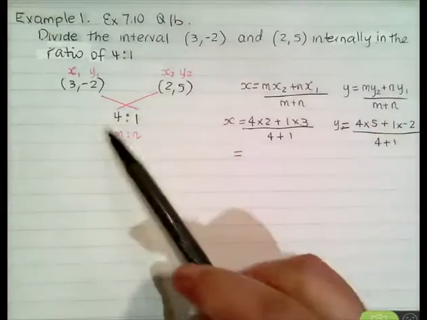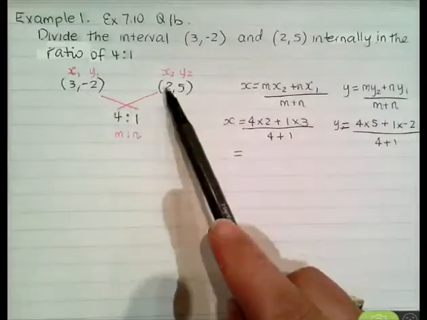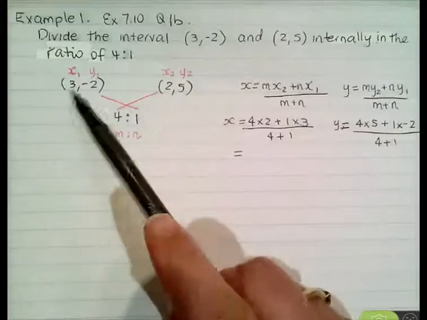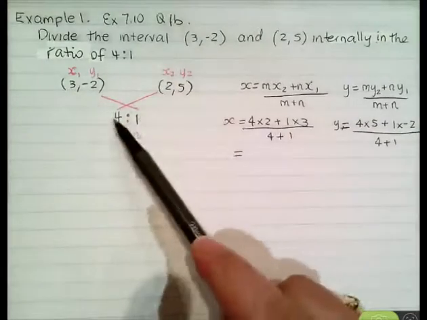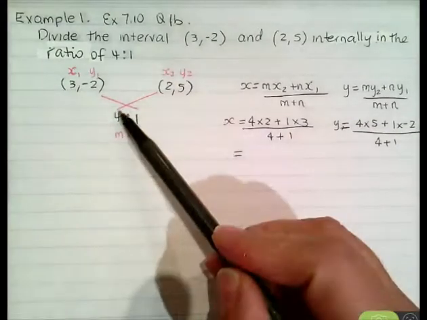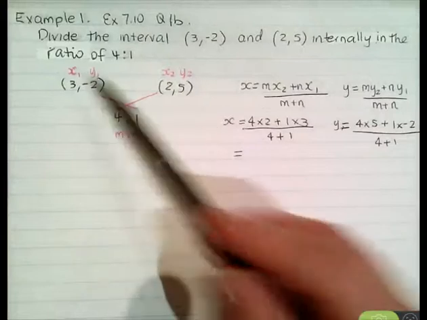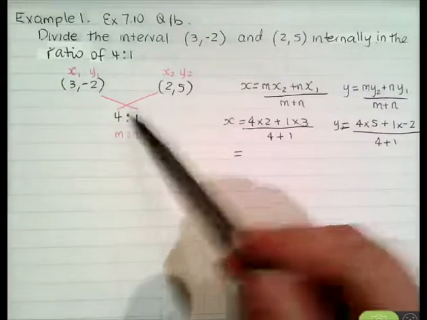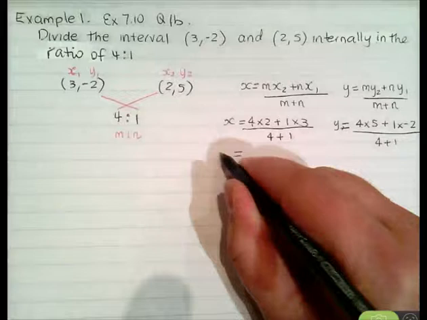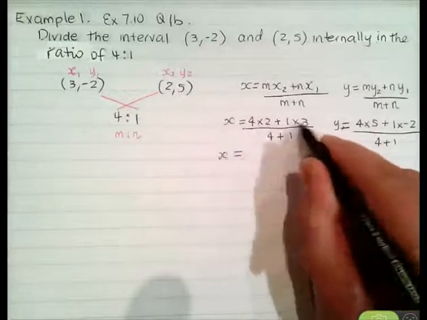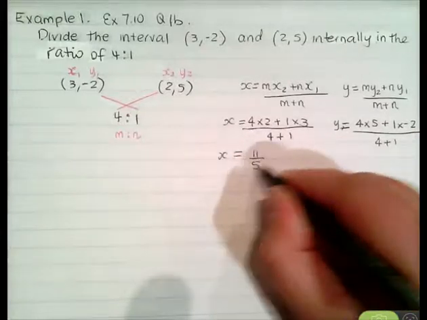So once again, to get the x value, it's 4 times this x value plus 1 times that x value divided by 4 plus 1. And to get the y value, it's 4 times this y value plus 1 times that y value over 4 plus 1 again. And if we work that out, the x value is 8 plus 3, which is 11 over 5.